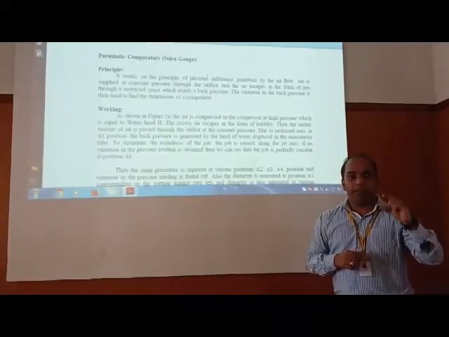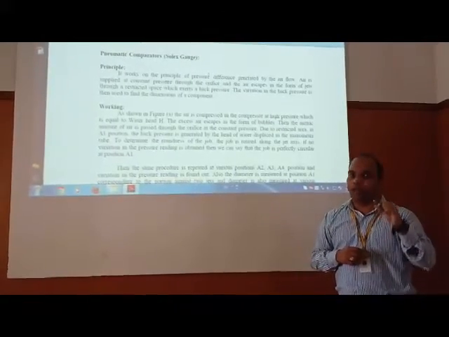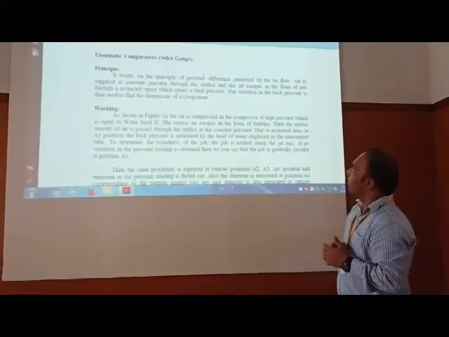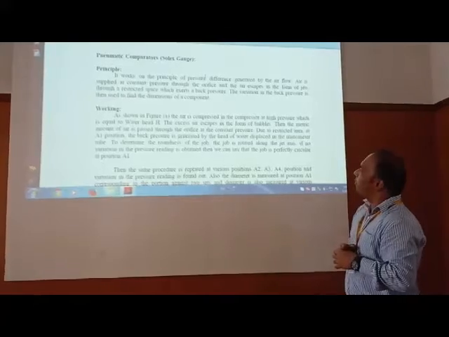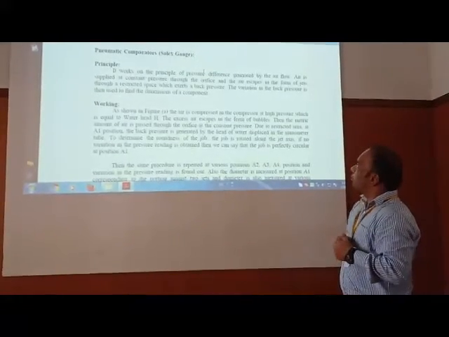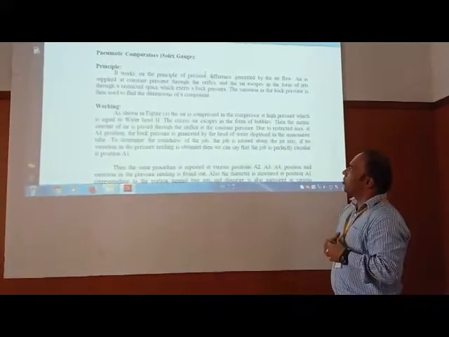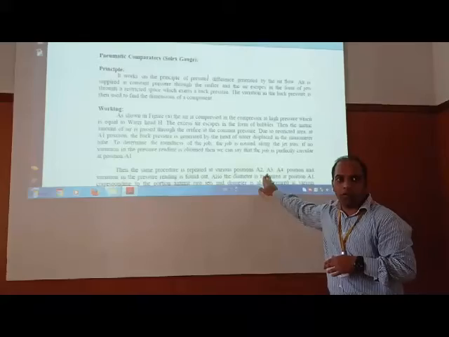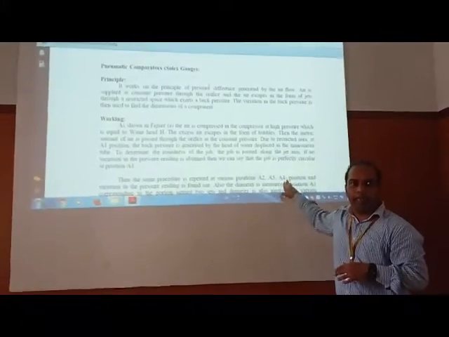So air will be the major parameter for the measurement. Air is supplied at constant pressure through an orifice and air escapes in the form of jets through a restricted space which exerts a back pressure. The variation in the back pressure is then used to find the dimensions of the component. We will directly go to the diagram instead of reading this theory.